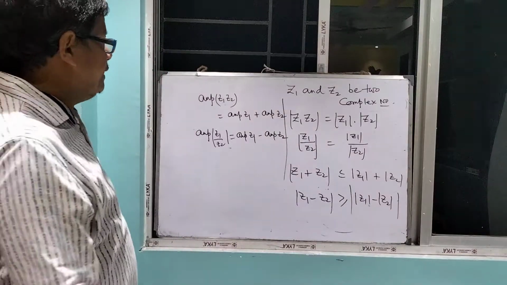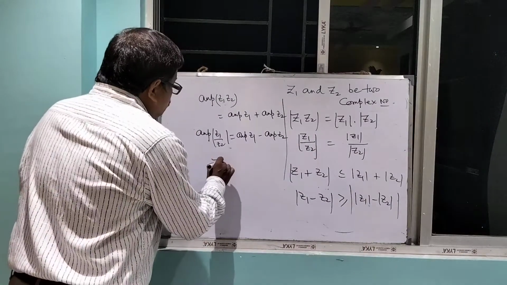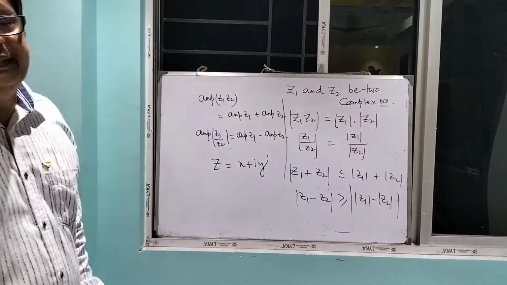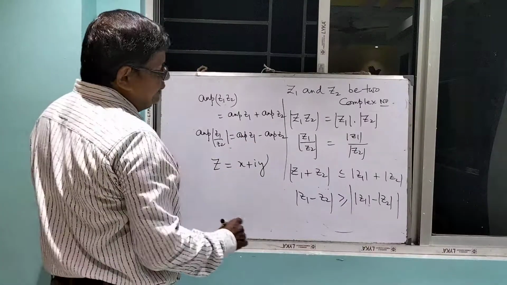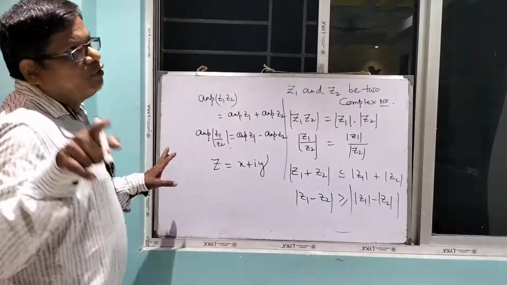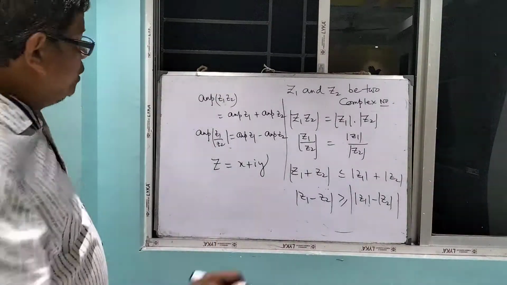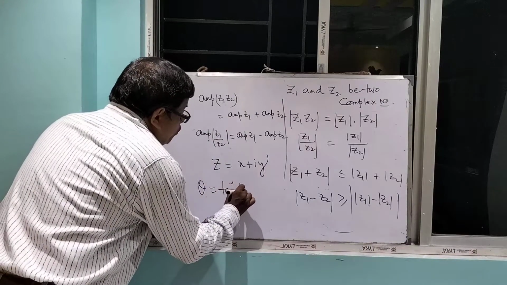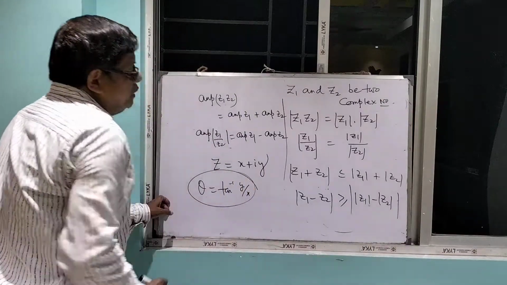Students, keep in mind, suppose Z equal to x plus iy, then tan theta equals y by x, that is the argument or amplitude known as theta. So we write theta equals tan inverse y by x.